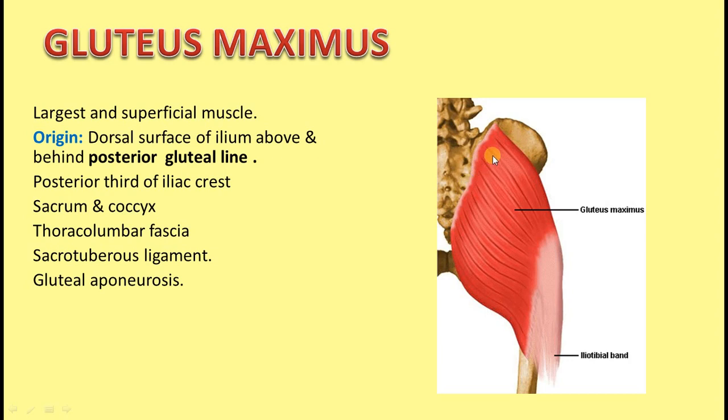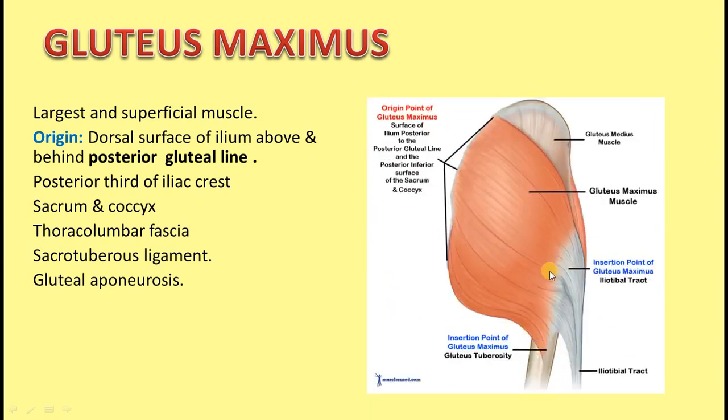Posterior to the posterior gluteal line from the dorsal surface of ilium, then all the adjoining areas: dorsal surface of sacrum, coccyx, sacrotuberous ligament, and also from the deeper surface, the gluteal aponeurosis. The fibers run obliquely downwards and laterally, and the lower fibers get inserted into the gluteal tuberosity of the femur.